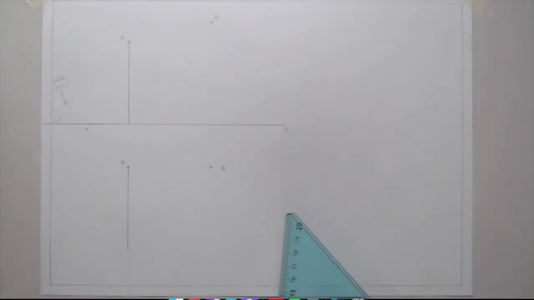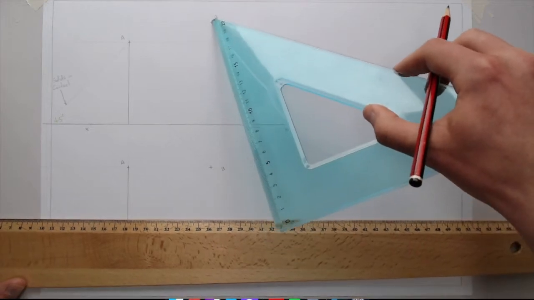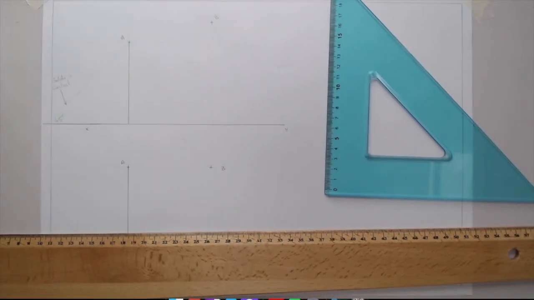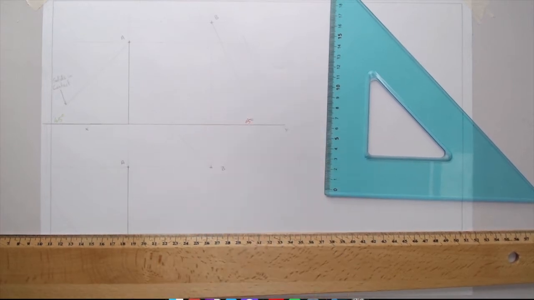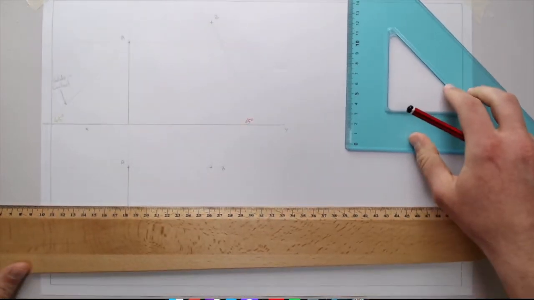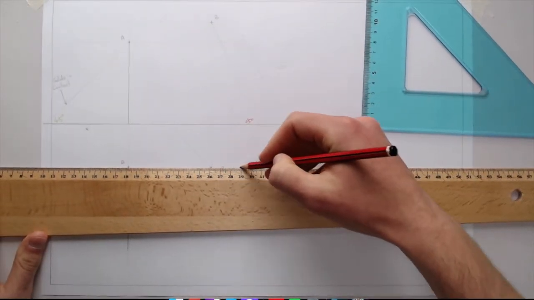And what I'm going to do then is exactly the same as what I did for this one. So I now have a 65 degree line down here. So this is 65 degrees. I'm going to use B as my center here.